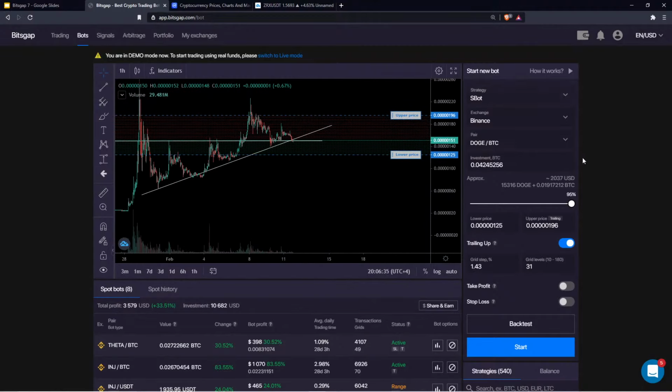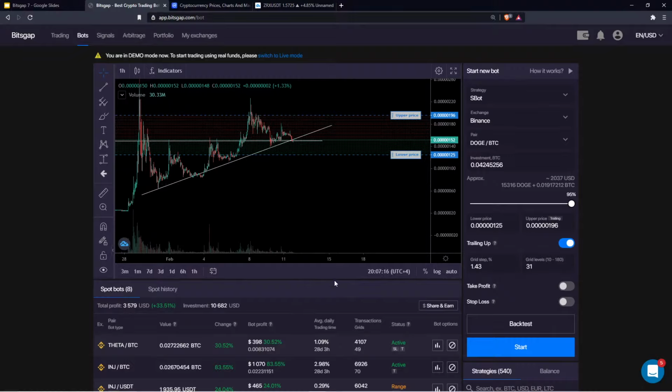On the right side, you have what I call the decision making board, where you can choose the strategy, the exchange that you want to trade, the crypto pair available on this particular exchange, and the investment allocation for this concrete strategy. You can always change the amount you want to invest using this simple point here, and some other tools like trailing up, take profit, and stop loss, which I will explain later today.